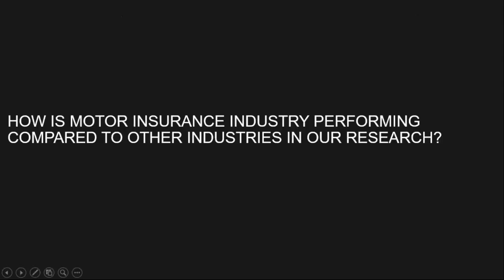Now, while we have given you some best practice examples from these different brands across the world, in the next 2 slides I've compared the motor insurance industry against all the other industries globally that we analyzed and studied in the last year. That gives us an idea of where the motor insurance industry as a whole is headed, and whether there is any further opportunity for it to improve its usability experience.